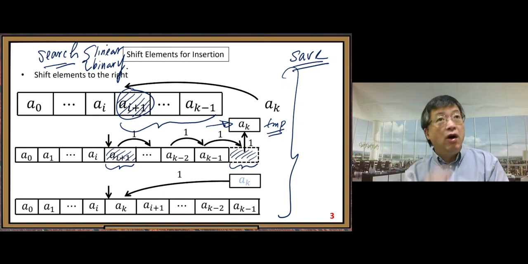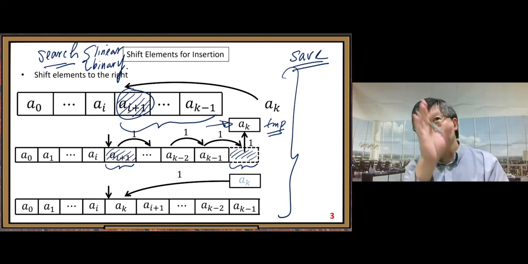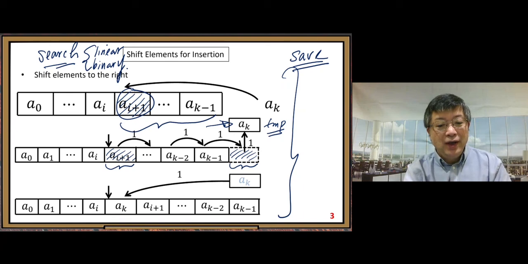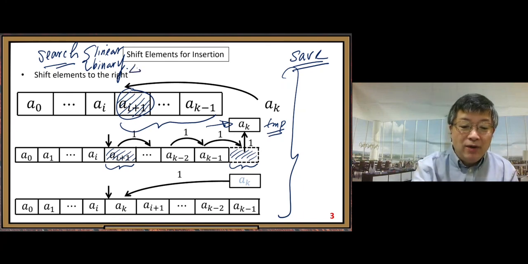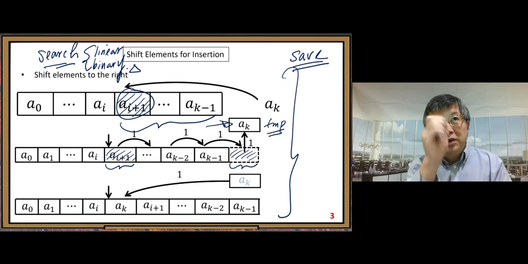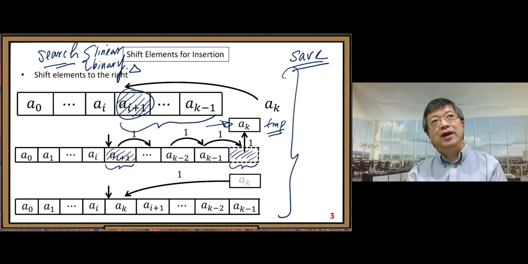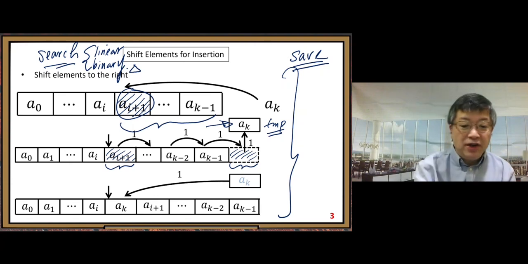But I believe all of you know binary search. So here I just use that idea a little bit. To find the right position, it's possible to use binary search to get to the right location faster than the linear search.